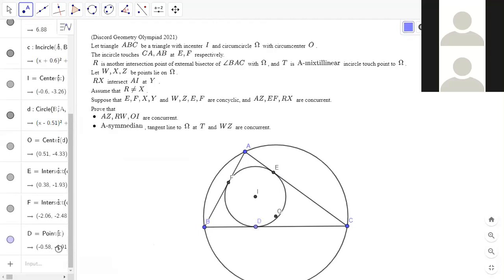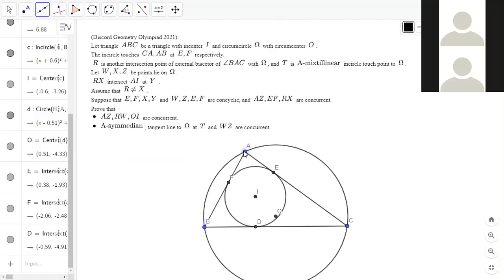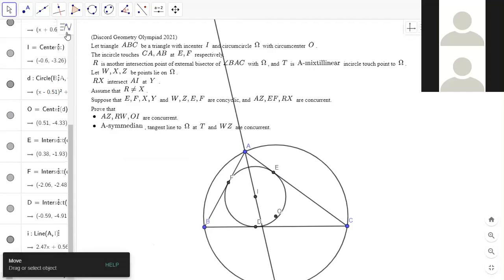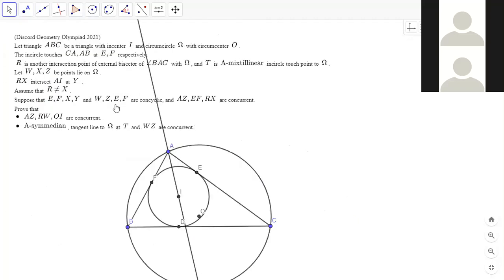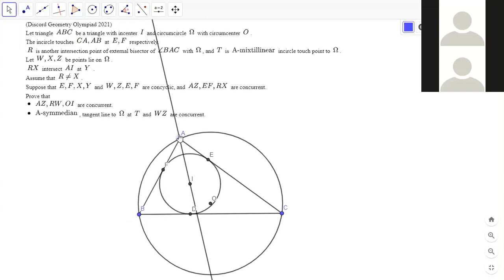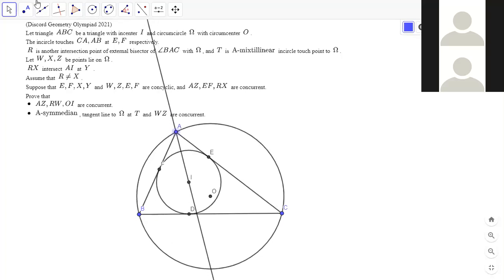Whoops. So R is another intersection point of the external bisector of BAC with the circle. Okay, so basically it's the midpoint of arc BAC. So let me close this. All right, so I'm going to draw this point.